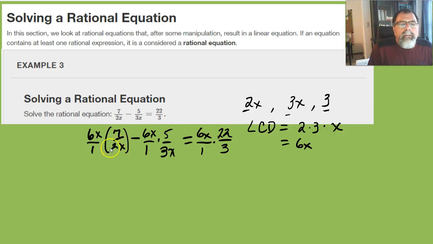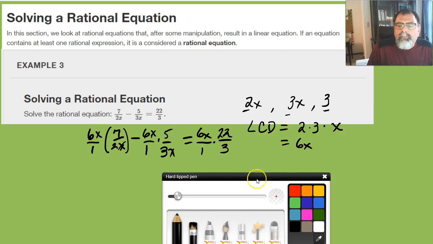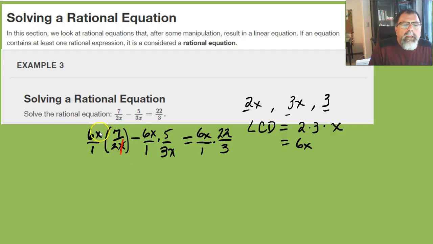And then you can see, let's see, the x's cancel. Here, let me put it in red here. So the x's cancel. 2 goes into 6, leaves you a 3. Here the x's cancel. 3 goes into 6, leaves you 2. On this one, the 3 cancels 6 and leaves you a 2.